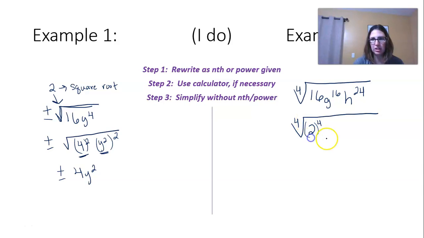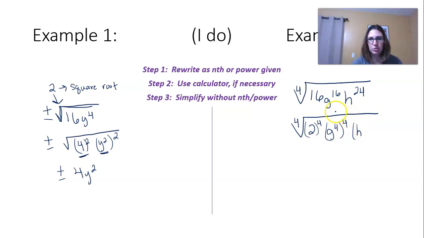You can also check it on your calculator, okay? So 2 to the fourth will also give us 16. You can do the same thing with g. I know that if I take g to the fourth and multiply it by the power of 4, that's also going to give me g to the 16th power. And I can do the same thing with h. I don't know if you guys can catch on what I'm doing here.